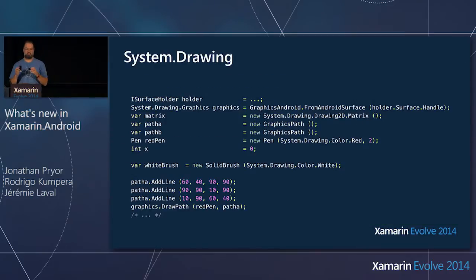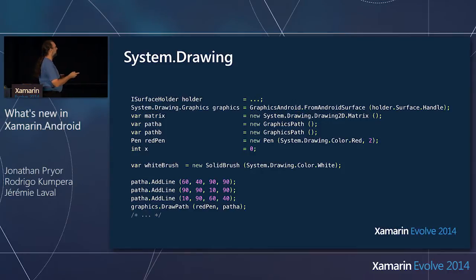So next up is System.Drawing. What we are doing is the bait-and-switch PCL tactic. Everybody's favorite. Xamarin Forms uses it. So we will have a Common Core PCL assembly that gives you just the normal System.Drawing. And then there will also be platform-specific extensions.